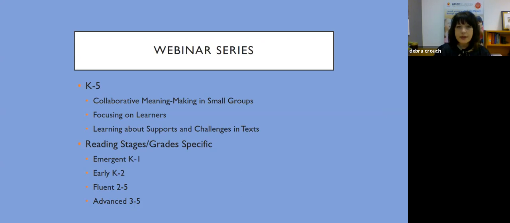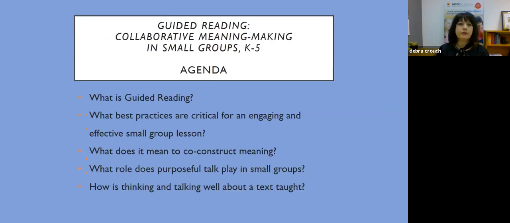So as we get going today, the session today is guided reading, collaborative meaning making in small groups. And our agenda for today is going to look at what is guided reading, so coming to a common definition of what guided reading would look and sound like in the classroom. We'll think about best practices that are critical to have a really engaging and effective small group lesson.